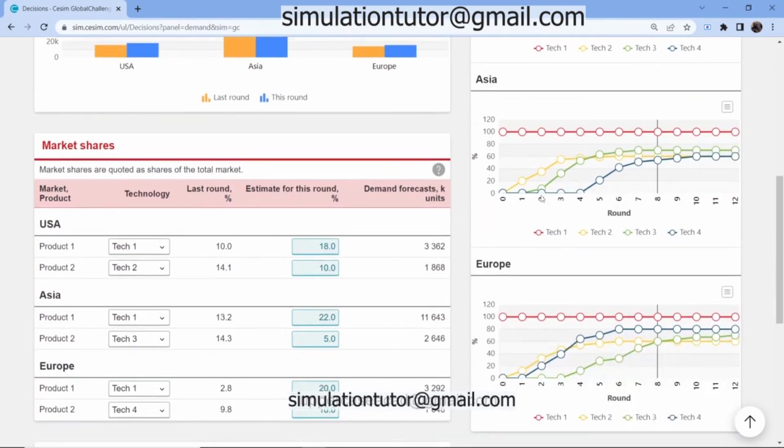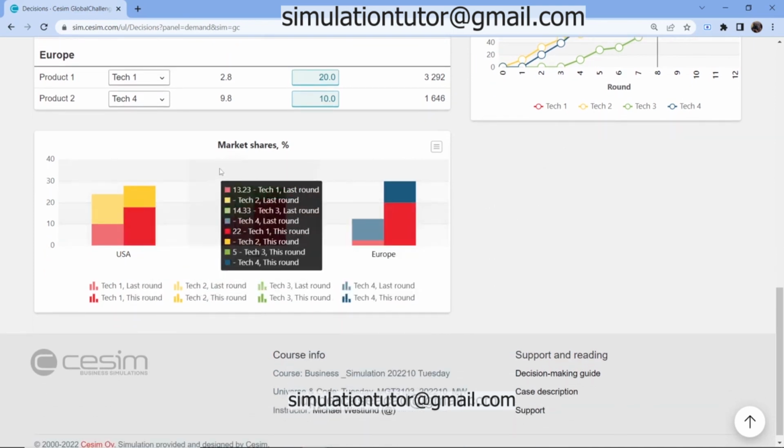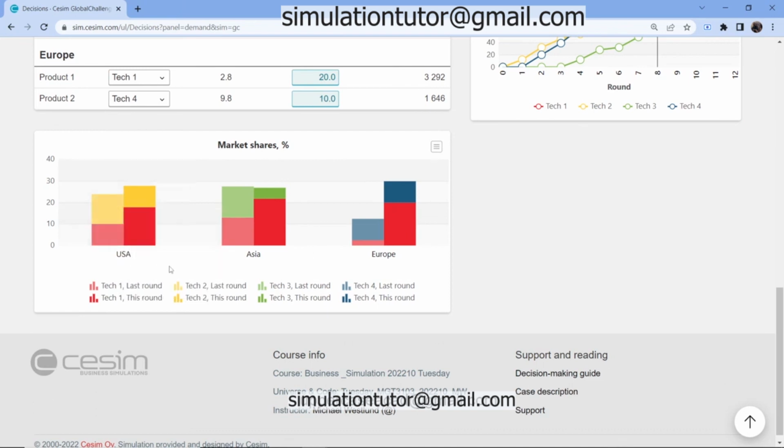Then in Asia, for the Tech 4 product, you can start selling it in round 6. Then down below here, we have the market shares, and you can compare the last round with this round.